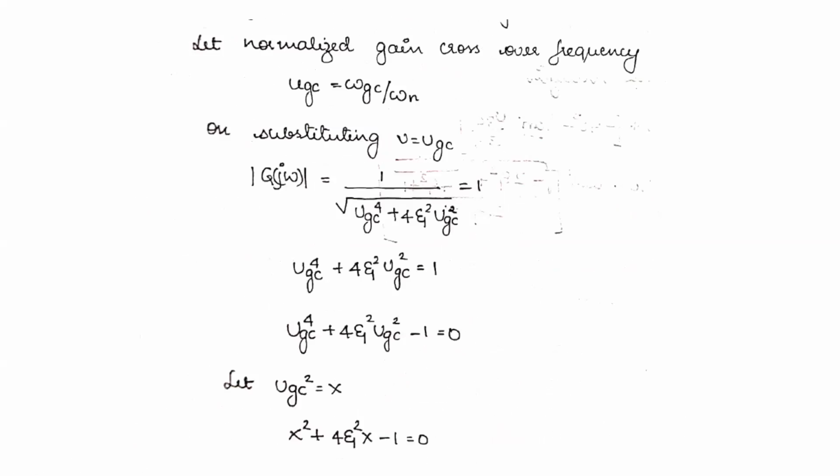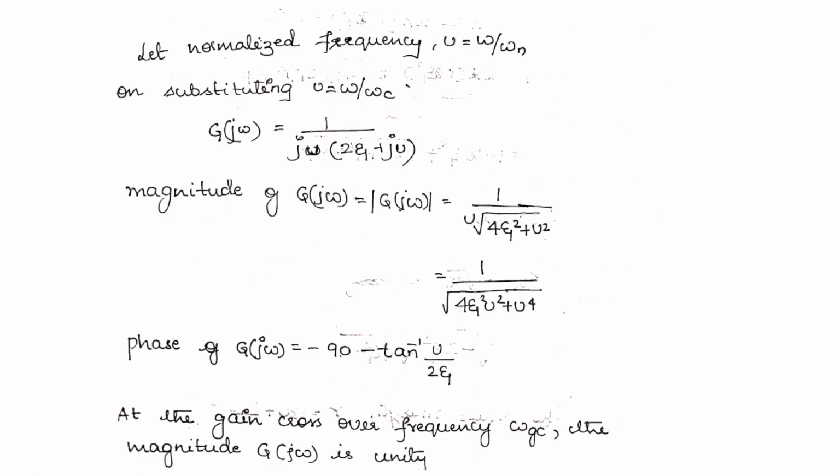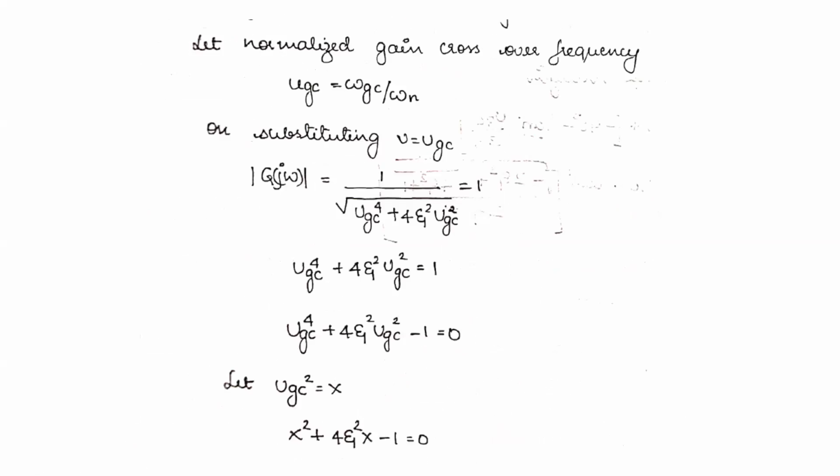Then you have to find the normalized gain crossover. When you substitute u as ugc, omega will be omega gc by omega n. Now substitute here u as ugc and find the value; the magnitude should be equal to 1.